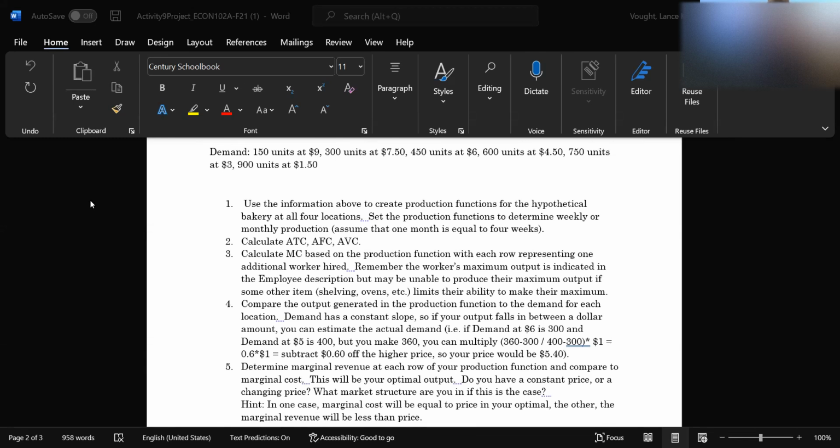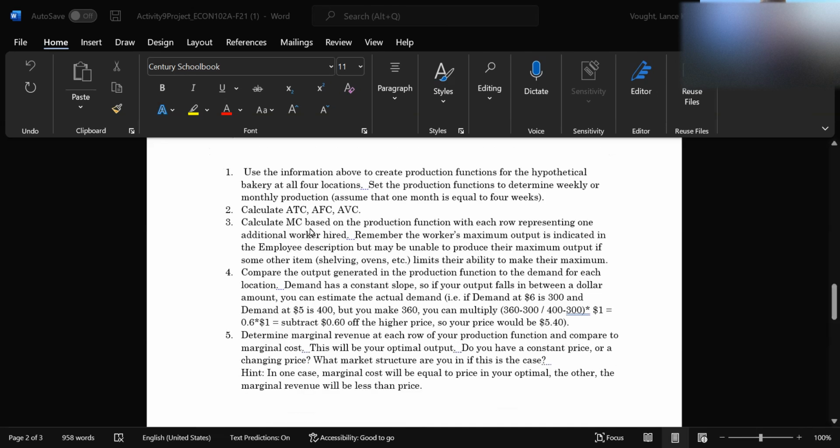But a few of the questions that hopefully I can address here that other students had, or maybe they didn't understand what my answer was. The most difficult part of this is setting up the table. Once you set up the table, it should be similar to what you did in the homework. And then hopefully from the second unit or the third unit, you can remember, okay, marginal revenue equals marginal cost.